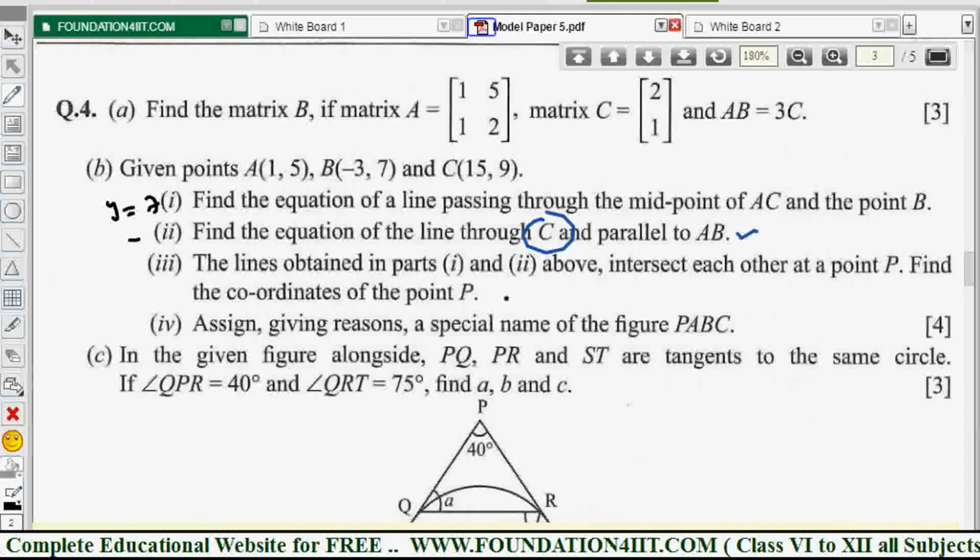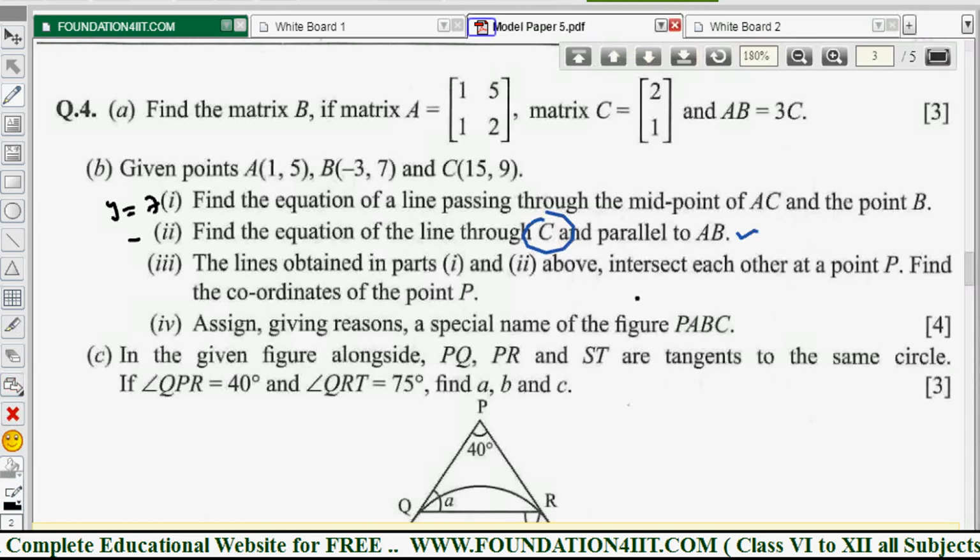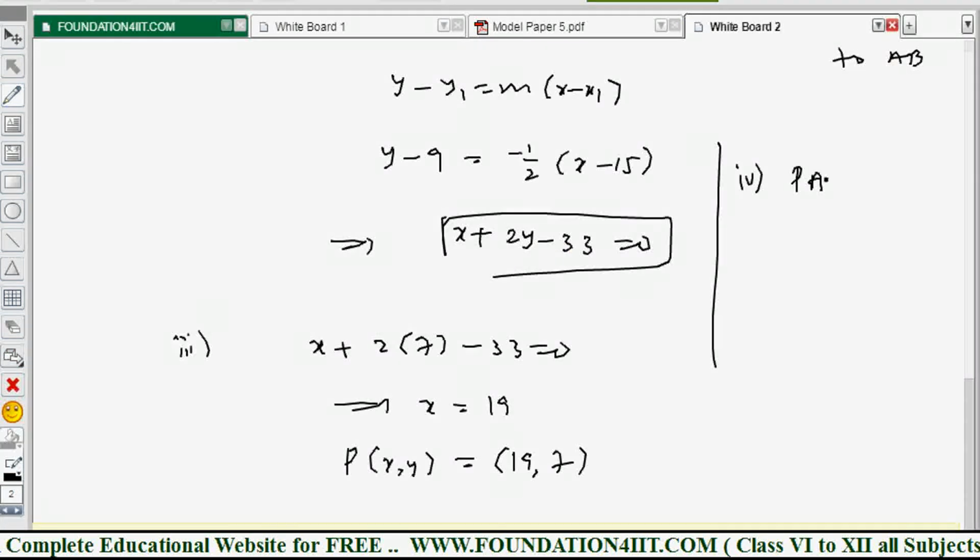If you see the parallel formulas, then you'll get which type of figure it is. To find out which figure, according to the question, that figure is PABC. P we already got as 19 comma 7, and the ABC points are already given.